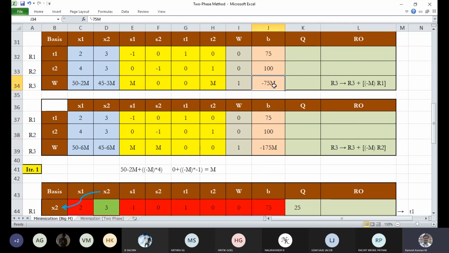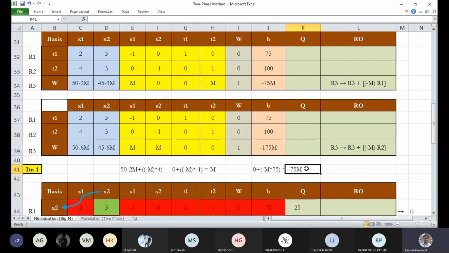But if you take a look here, in the first instance we'll be taking row 1, right? So this row 1 will add with, initially 0, plus minus m multiplied by this 75, right? So that will become minus 75m. Once that is there, we're going to take the third row again, and to remove m in it, we'll be adding minus m with row 2, right?